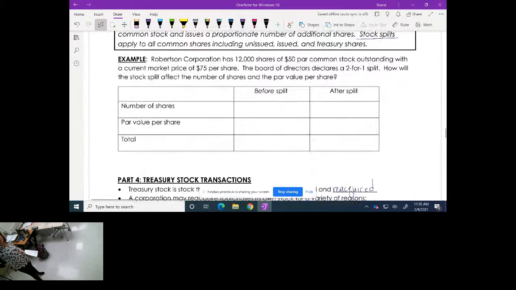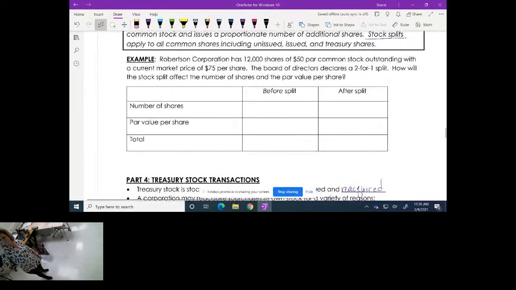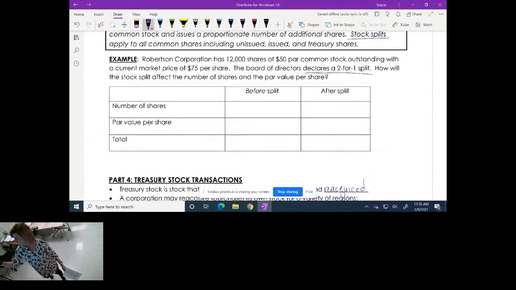All right, Robertson Corporation has 12,000 shares of $50 par common stock outstanding with a current market price of $75 per share. The board of directors declares a 2-for-1 split. Now, how will the stock split affect the number of shares and the par value per share?